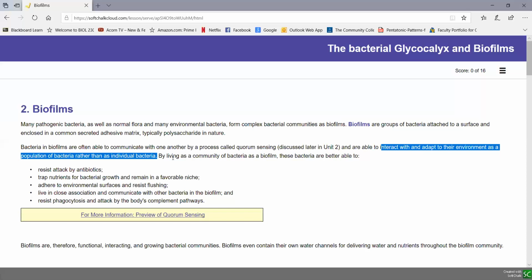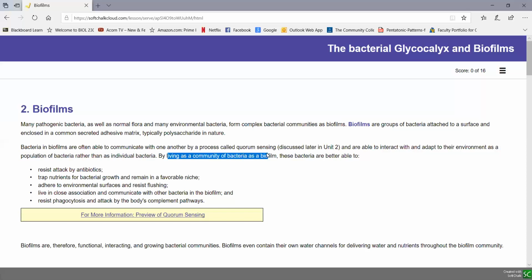So by living as a community of bacteria in a biofilm, a population, this gives several advantages to bacteria. First of all, they can better resist attack by antibiotics. When you have a large group of bacteria embedded in this common polysaccharide slime, it's harder for the antibiotics to diffuse through and get to the bacteria. Also, the bacteria in the biofilm tend to be replicating more slowly, so it would take longer for the antibiotics to be effective.